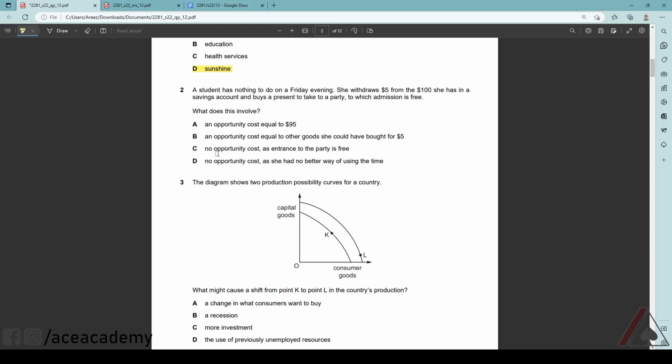Just to double check, C is no opportunity cost as the entrance to the party is free. This is wrong because even though there is no admission fee, she still has to buy the present, for which she has to take $5, and she made that decision. Therefore, there would be an opportunity cost involved. The same explanation goes for D. There would be an opportunity cost involved because she did spend the $5. Okay, so the answer is B.